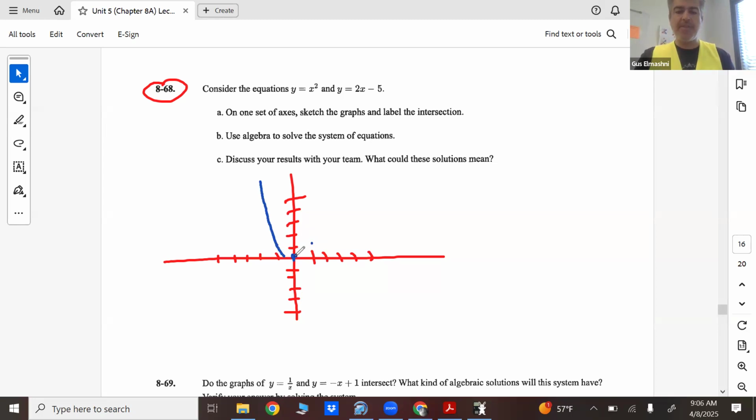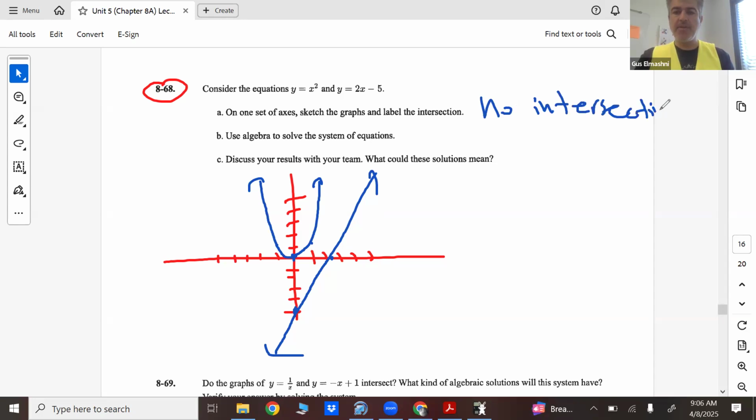Okay, so here we go, guys. I think you guys are getting this pretty quickly, so let's keep moving forward. So the graph looks like this. Do these graphs touch each other? No. So there's no intersection. Good, no intersection. If you try solving it, here's what's going to happen.